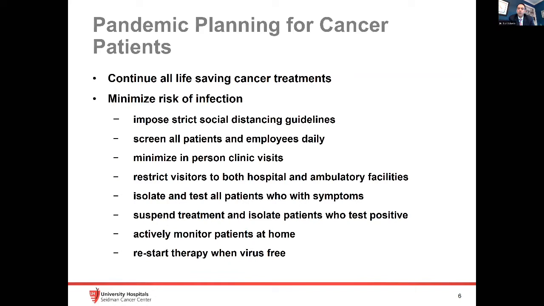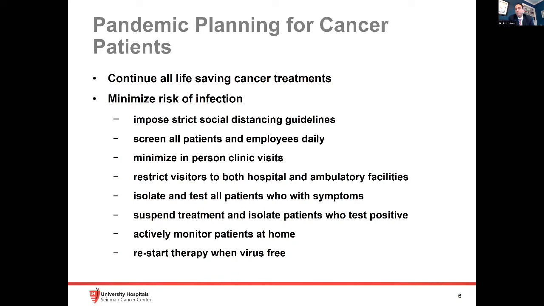It's kind of strange. All of our chairs are now a minimum of 6 feet apart. And we really try to keep people out of the hospital as much as possible. The other thing that you'll see is every single patient and every single employee who walks into the hospital gets screened daily. Questions are asked and temperatures are taken for every patient that comes to see a doctor and for every doctor who steps into the hospital and every employee. So that happens to minimize the risk.